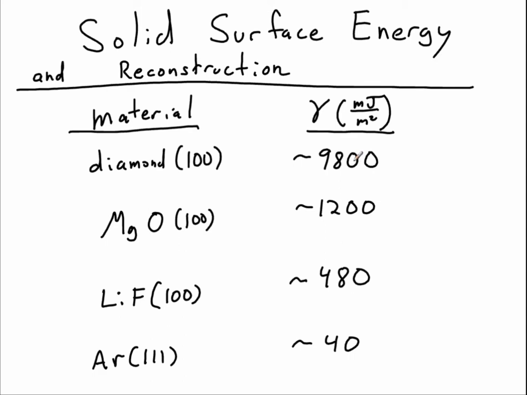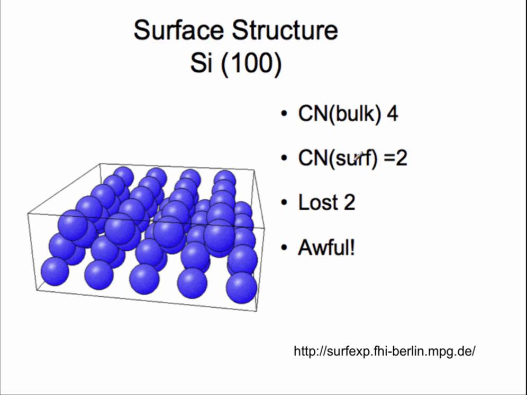So when we produce a solid, we can occasionally cleave on a very unfavorable plane. So if we look at the silicon 100 surface, we can see it's highly corrugated. We've got rows of atoms.